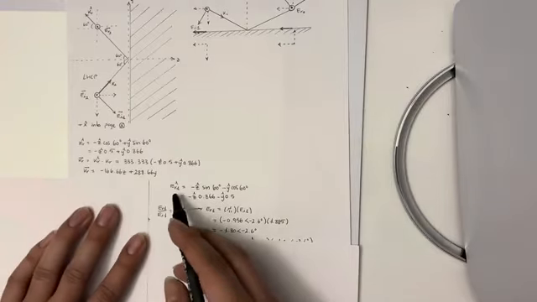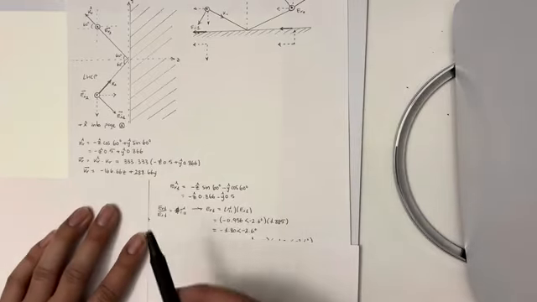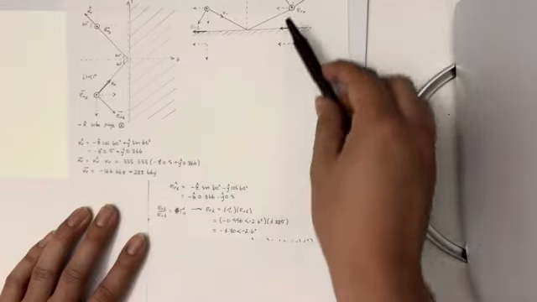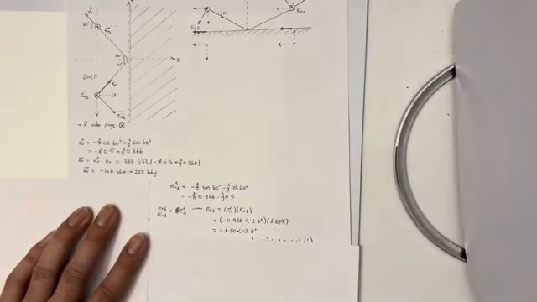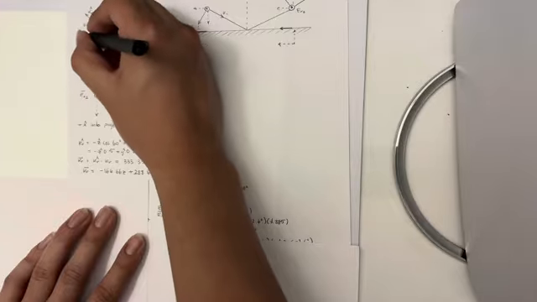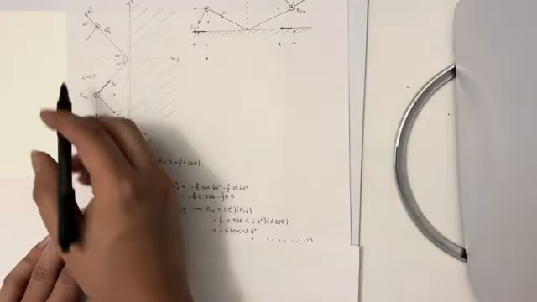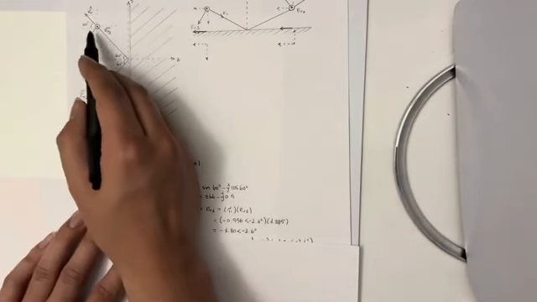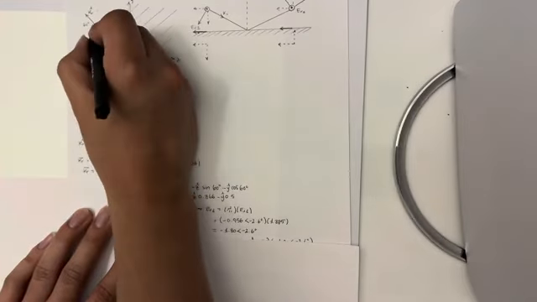And again, the direction is different, going down. And since we know that this angle is 60, this angle is 30, therefore this angle is 60.